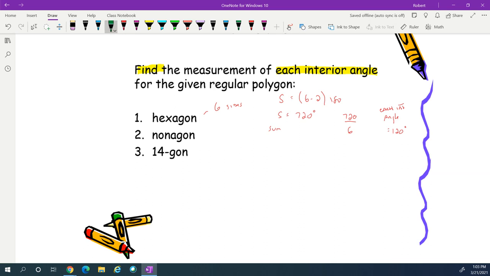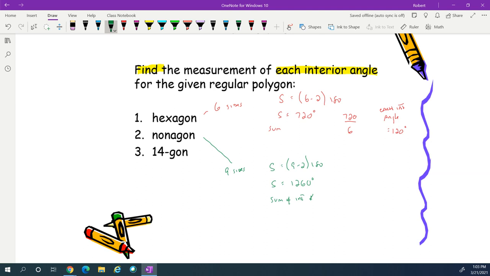Let's try that again. A nonagon is 9 sides. So the sum of the interior angles, 9 minus 2 times 180, the sum of the interior angles is 1,260 degrees. Again, this is the sum of the interior angles.